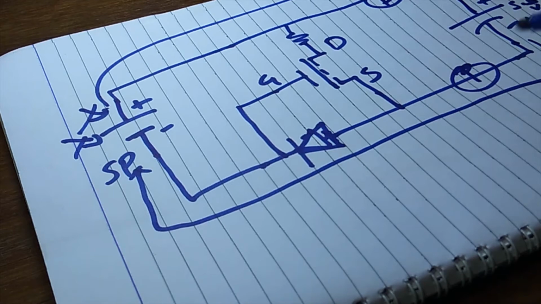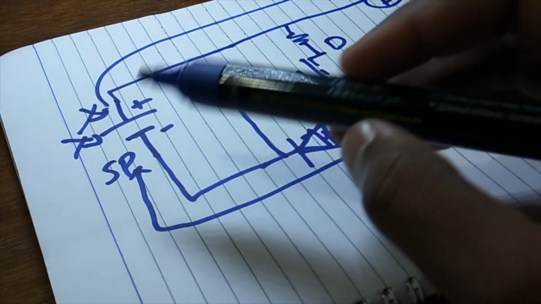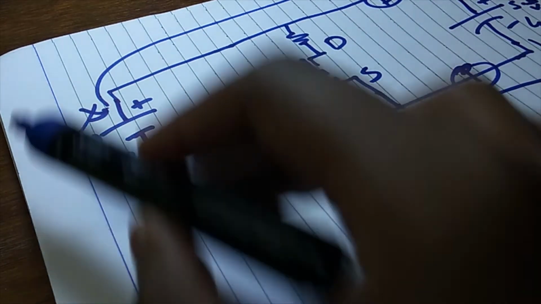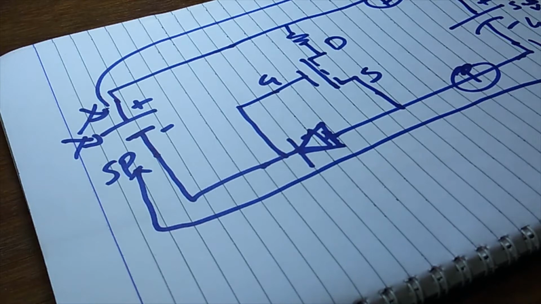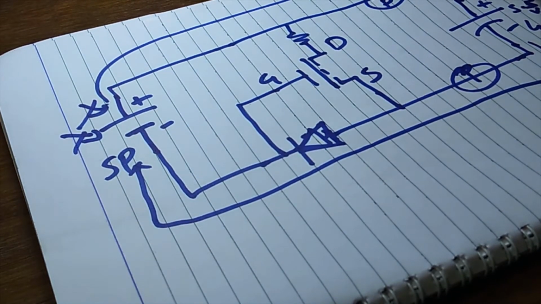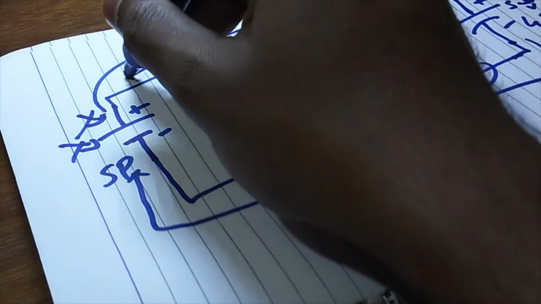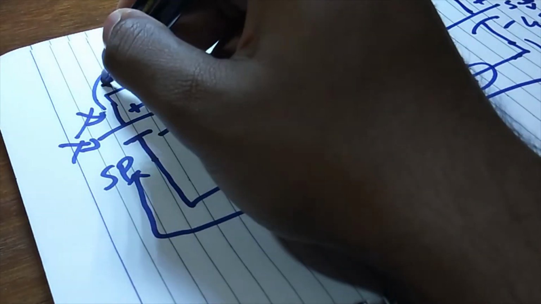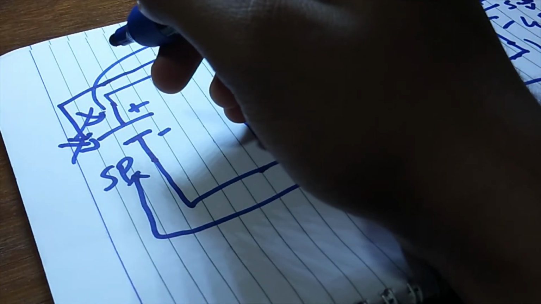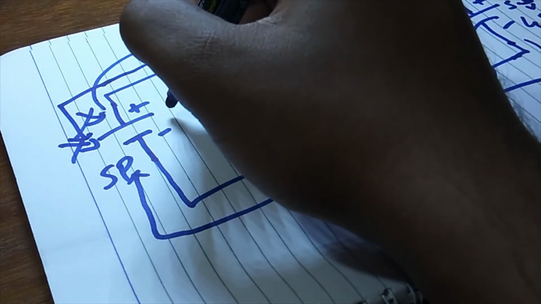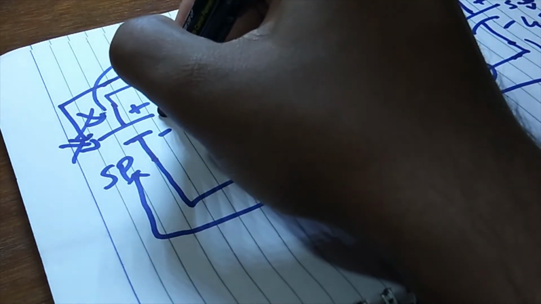Now, as I explained, when the sun is up, you'll see a charge going through like this. But when the sun is down and there is no charge, this supercap is going to start flowing current in this way. And when it reaches the solar panel, a property of the solar panel that we're going to exploit is that it behaves like a diode when it is not in sun.